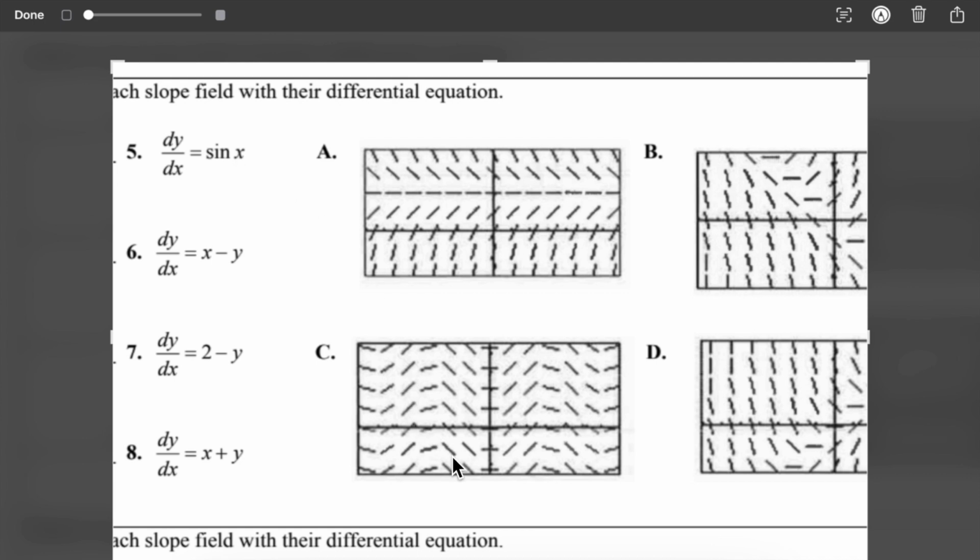So what we're looking for is something that stays constant when you're at a given x value and the y values are changing. So that brings me to this graph C. So here we have when x equals 0, the slope is 0. When x equals 0, the slope is going to be 0 because sine of 0 is 0. So this is going to be y prime equals sine of x. Remember, we're looking for the slope.